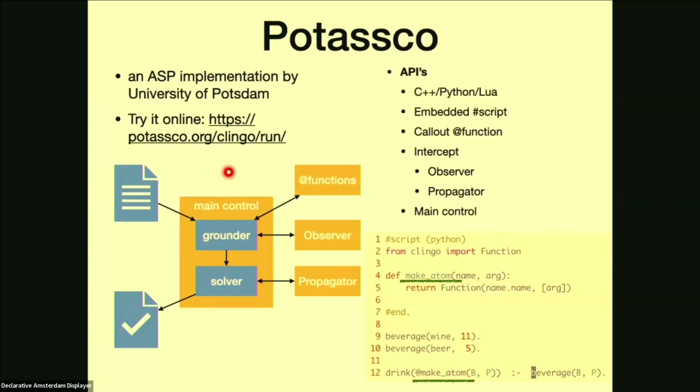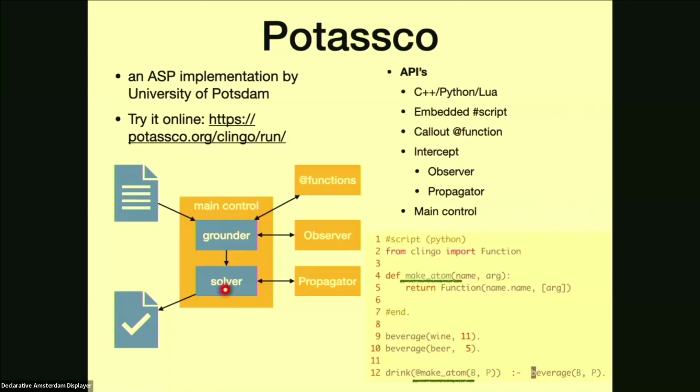What they created is, and I'm going quickly over this, because the most important thing that you have to remember is that if you have this file here, which is an ASP file, it goes to a grounder and then goes to a solver and then gives you the answers. And the answers are basically, well, a number of things we already have seen, like specials 2. That's one of the parts of an answer.